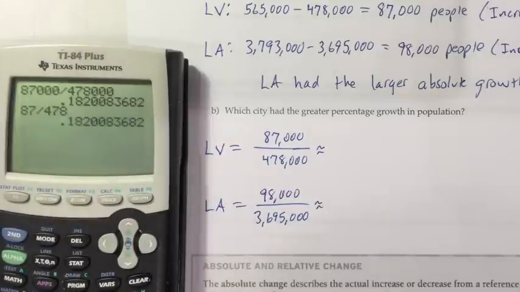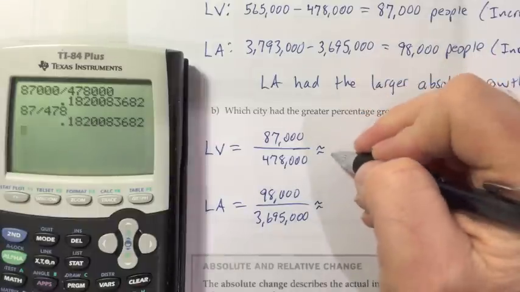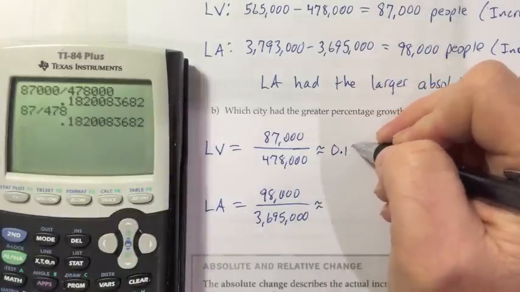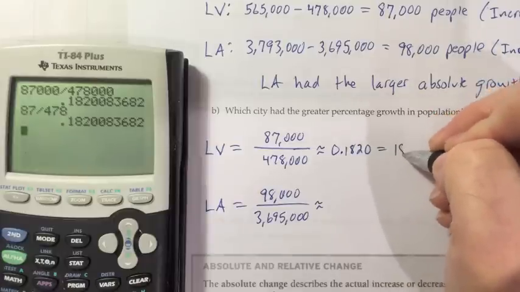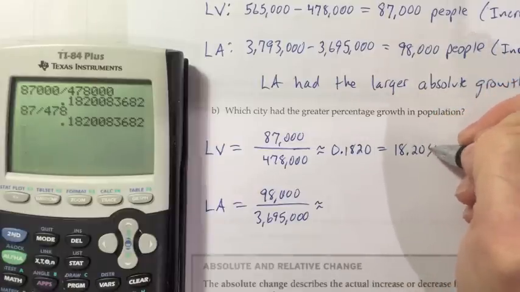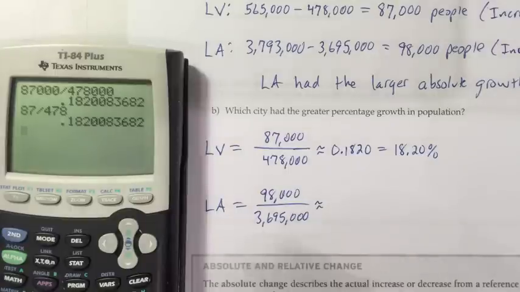So if you notice an equal number of zeros on top and bottom and you want to save a little time, you can just drop them off. So this would be 0.1820, and multiplying by 100%, that becomes 18.20% growth for Las Vegas.